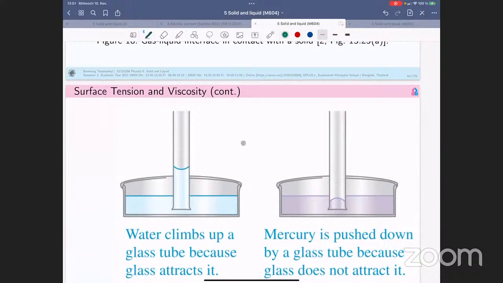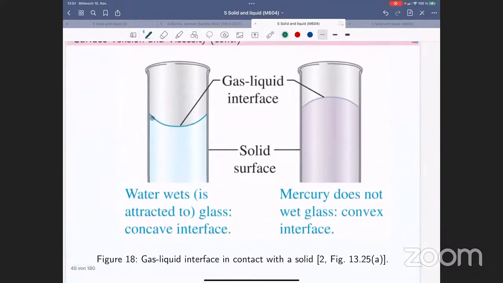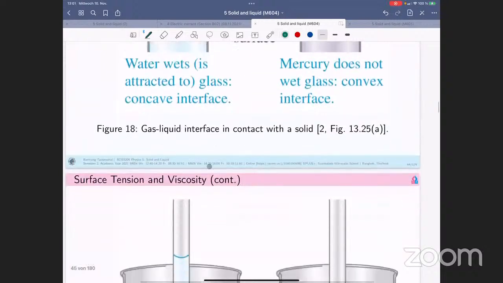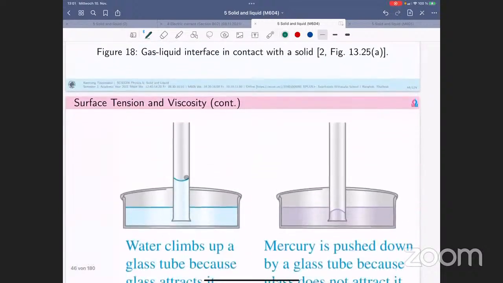Not only the shape of the surface of water and mercury are different, but also the height, how they align inside the capillary tube when the capillary is laid down inside a big bowl, a big container of those two liquids.